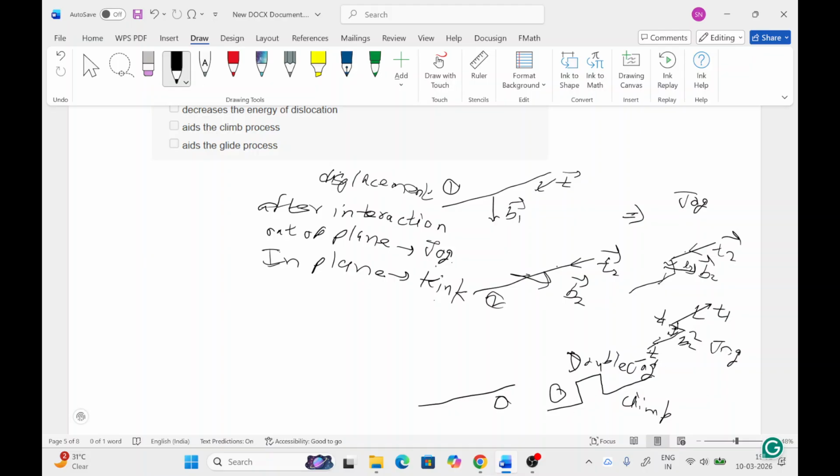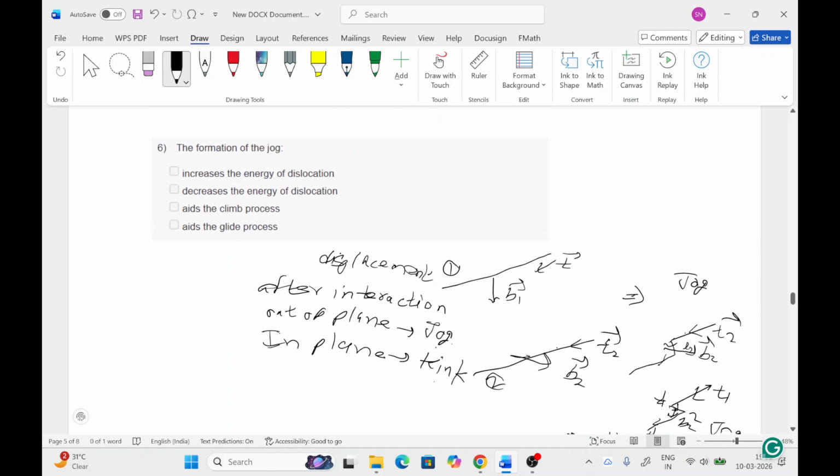This formation of jog also helps in the climb process. So from the options given here, we can say the formation of jog increases the energy of the dislocation and aids the climb process.